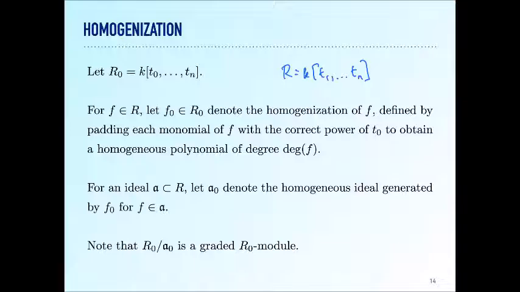For any ideal A of the original ring, you let A0 denote the homogeneous ideal generated by the homogenizations of all the elements in that ideal. When you quotient, this is a graded ring, graded by degree, and when I start with the homogeneous ideal, the quotient is a graded module for that graded ring.